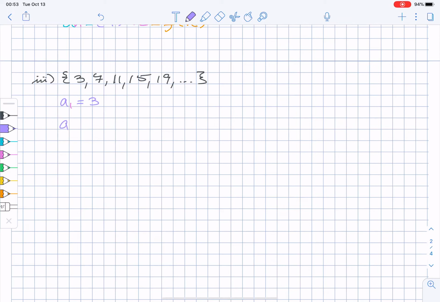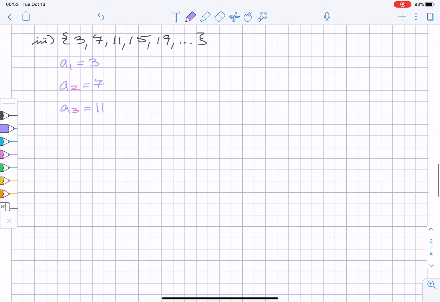Then a sub 2 is equal to 7. Then a sub 3 is equal to 11. Then a sub 4 is equal to 15. Then a sub 5 is equal to 19.